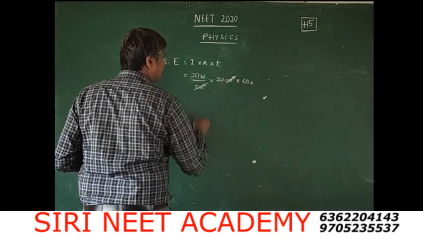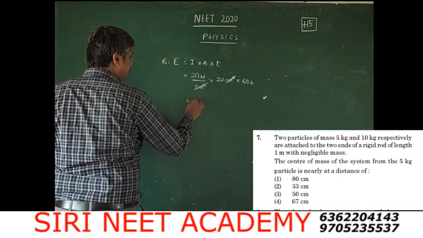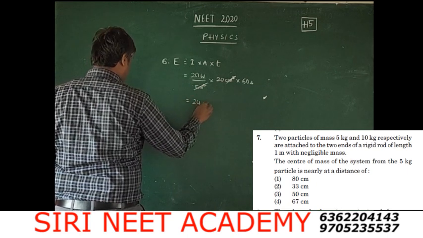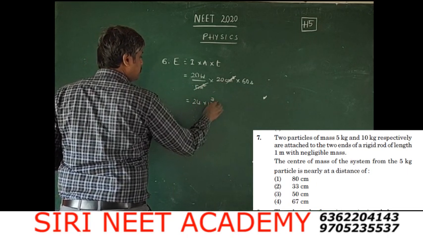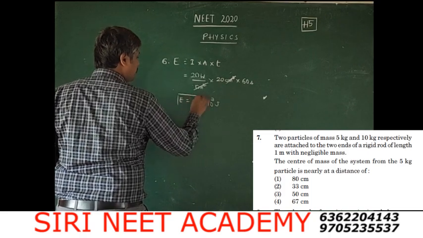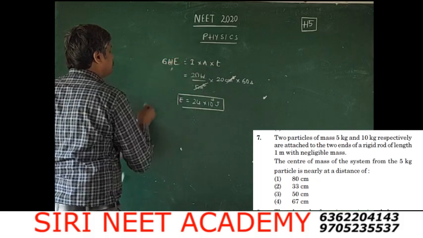Now centimeter square gets cancelled. So the energy received will be 24 into 10 to the power 3 joule. So the option corresponding to this will be 4.